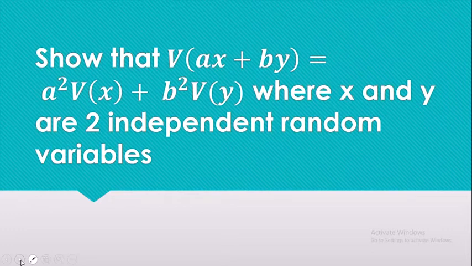Now we will show that variance of aX plus bY is equal to a squared V(X) plus b squared V(Y), that is variance of Y, where X and Y are two independent random variables. So basically you have to prove that the right hand side and left hand side are equal, and the only condition that they have provided us with is that X and Y are two independent random variables.